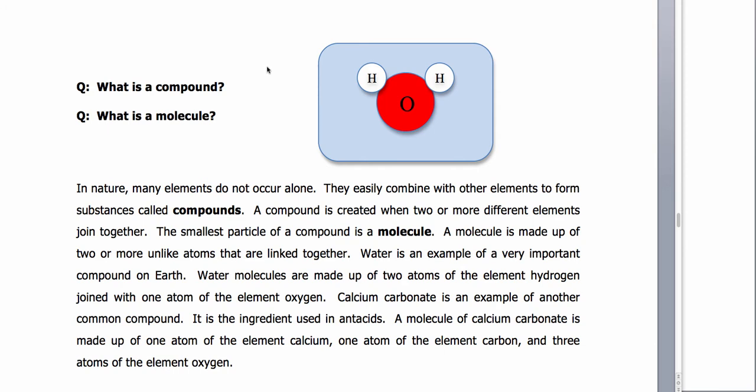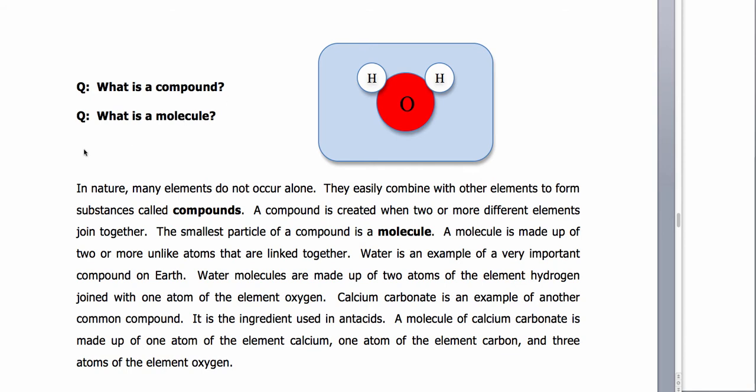Well, if you have water, water is a substance where all of the particles making up water look like this. And that's not one atom, that's three atoms bonded together, connected together, to make this particle, which we call a molecule.